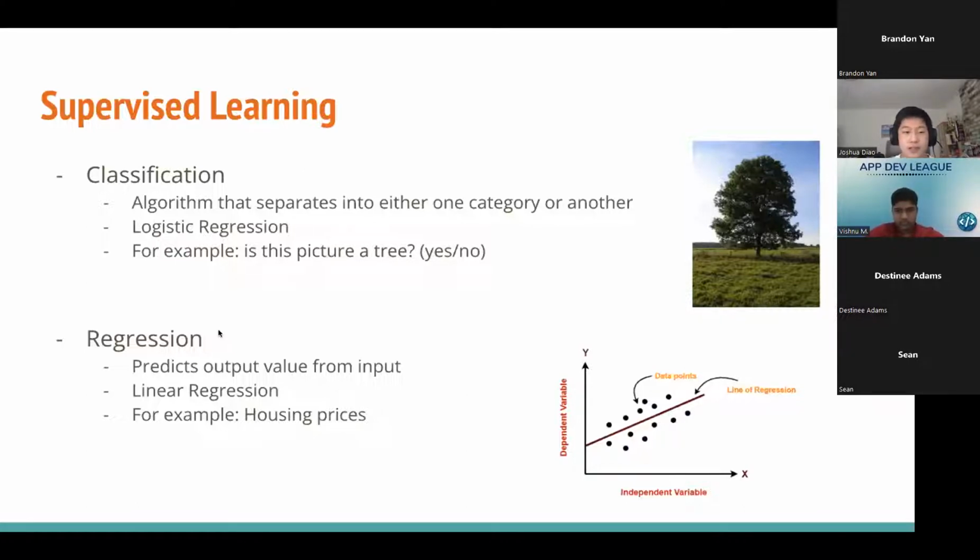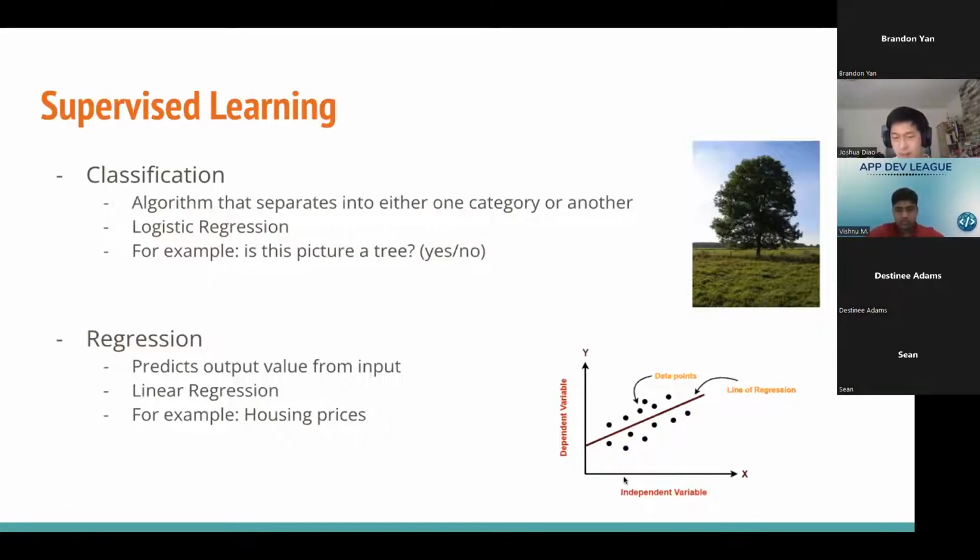Our second type is regression. Regression is the algorithm that predicts output values from the input. One example of regression is linear regression. Don't get confused, guys: logistic regression is actually not considered a regression algorithm. It's actually classification. Here's a good example for regression. Let's think about housing prices.